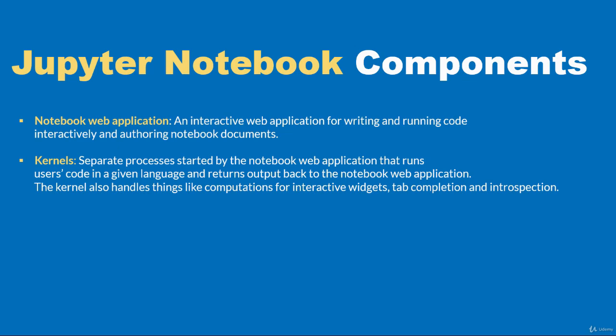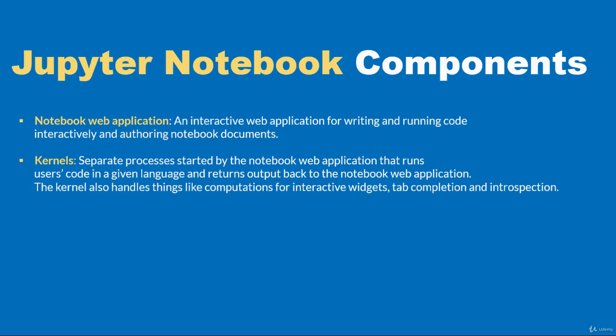And what it does, it returns the output from the code back to the notebook web application. And the kernel basically handles things like computations for interactive widgets, tab completion, introspection, and other bits and pieces. So the kernel basically interacts with the notebook web application.